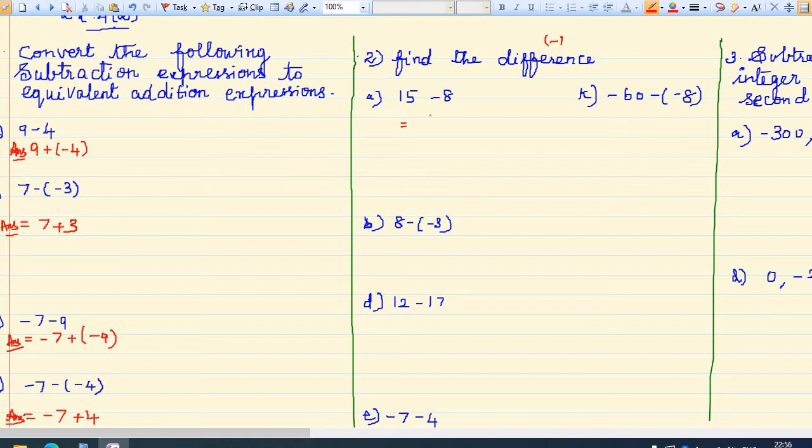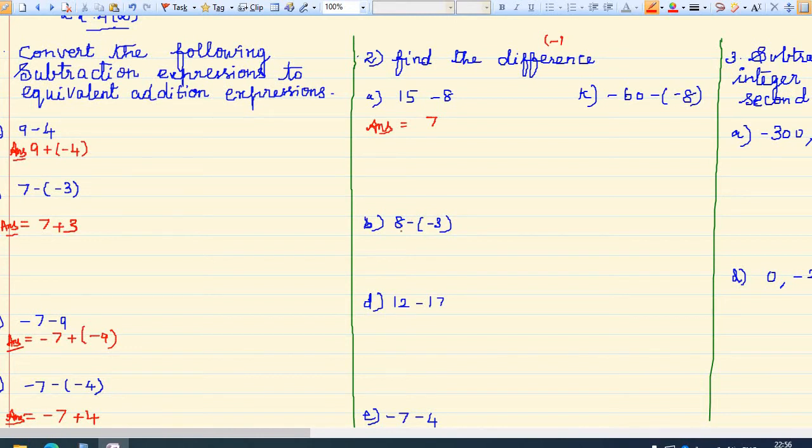So I am going to subtract, and whichever integer is greater, whether the positive or the negative integer, that sign I am going to write here. So 15 minus 8, so 7 I am going to subtract. For that 7 with plus, because 15 is greater when compared to minus 8. So a plus 7 will come here. So this is my answer.